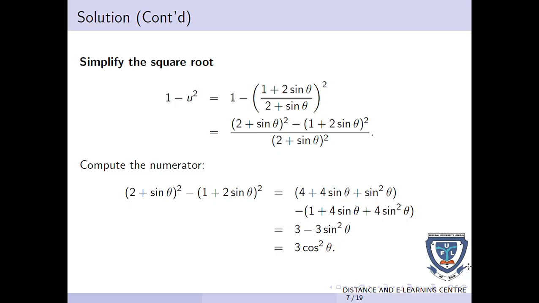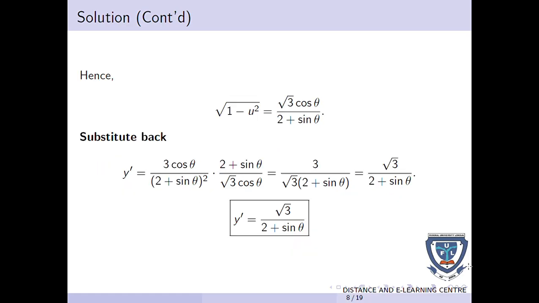Now, by the time you compute the numerator, you are going to have 3 cos squared theta. Hence, square root of 1 minus u squared will become square root of 3 cos theta all over 2 plus sine theta. Now, by the time you substitute back, you're going to have that y prime is equal to square root of 3 all over 2 plus sine theta.